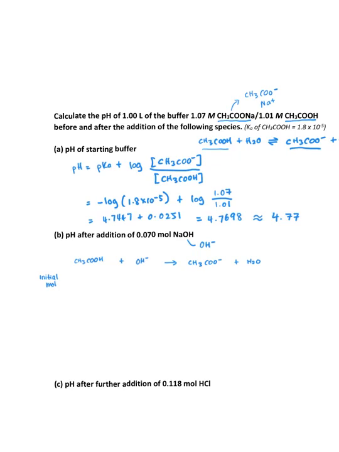Okay, we are given that the initial concentration of acetic acid is 1.01 molar and the volume of the buffer solution is 1 liter. So number of moles would be concentration times volume. And similarly for the acetate ion, you are given that the concentration was 1.07, and again the volume of the buffer is 1 liter.